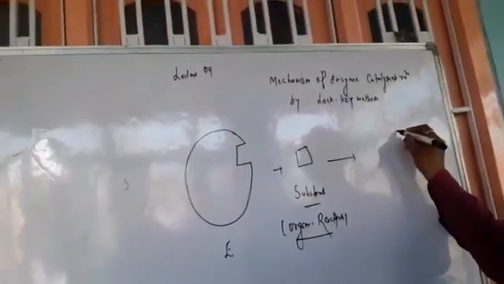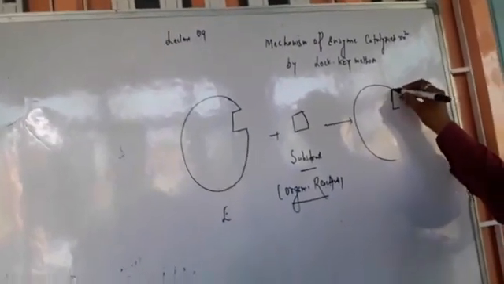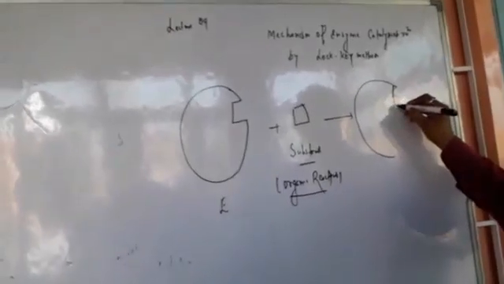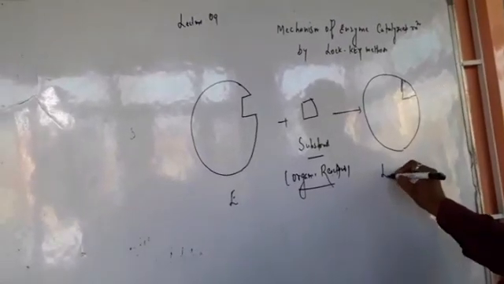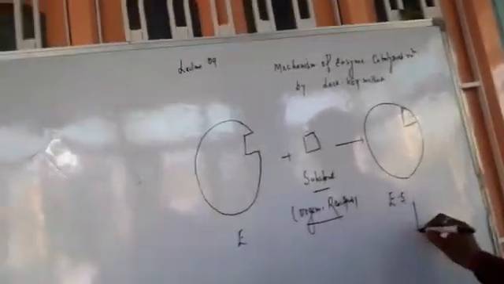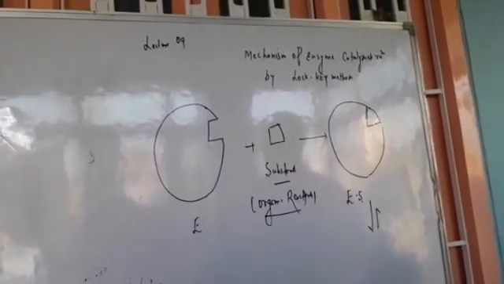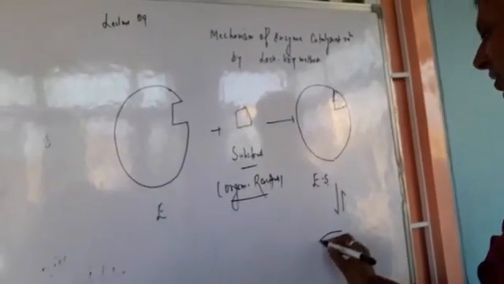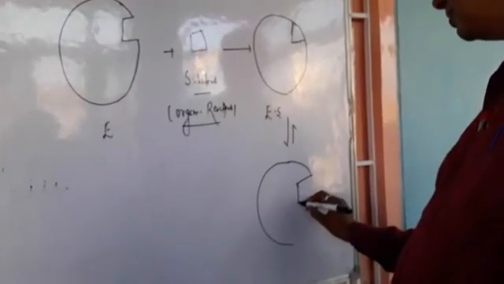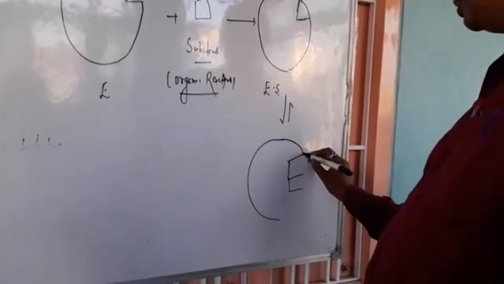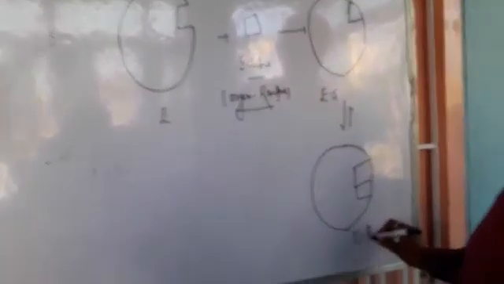First of all, it combines with the enzyme to form an enzyme-substrate complex. Then the chemical reaction takes place and it converts into enzyme-product molecules.